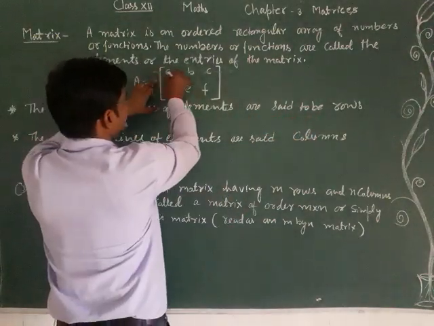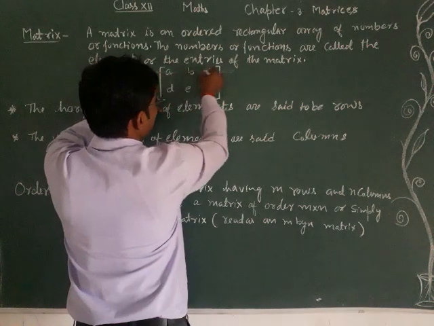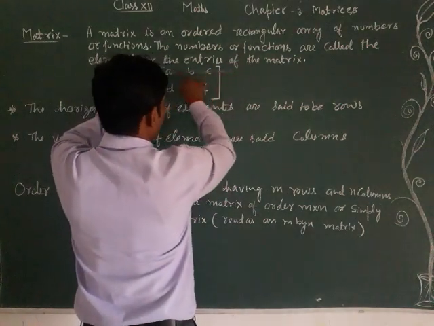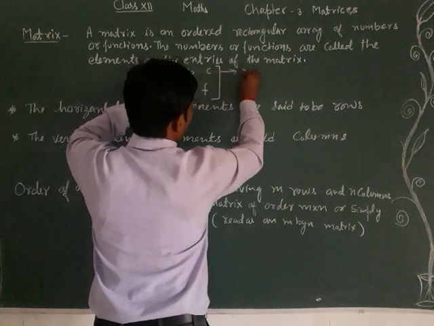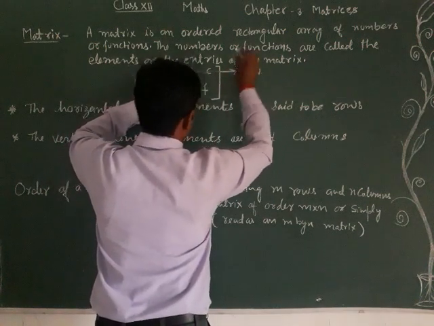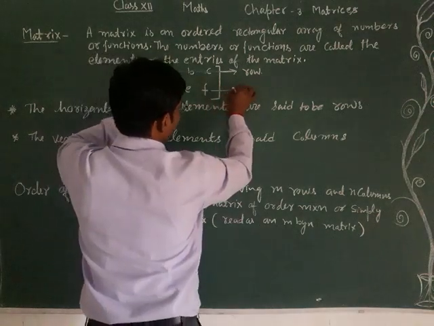This is a horizontal line of elements, known as a row, and this is a row.